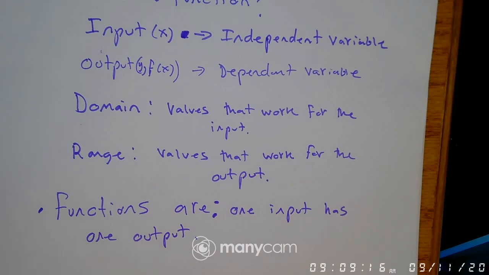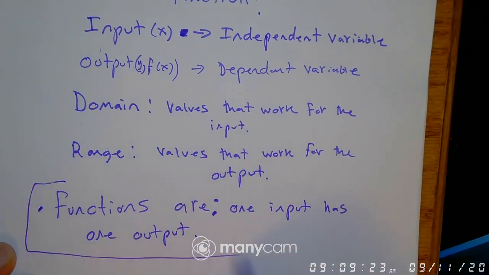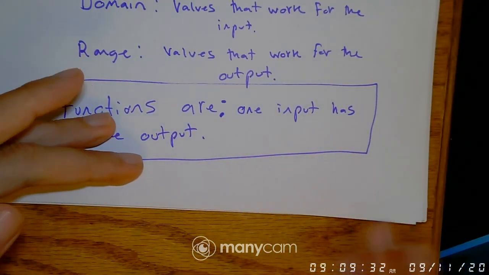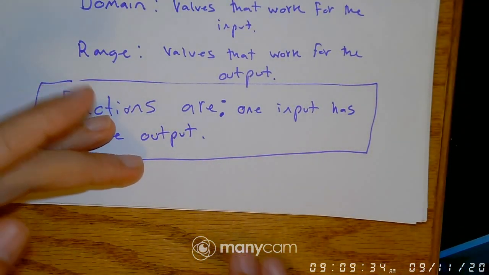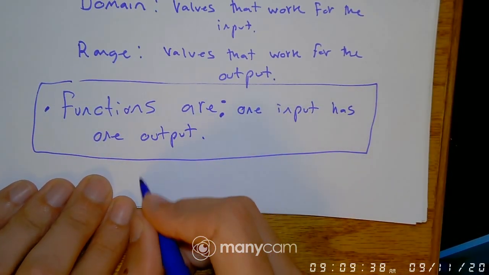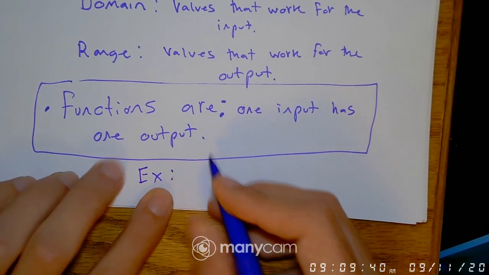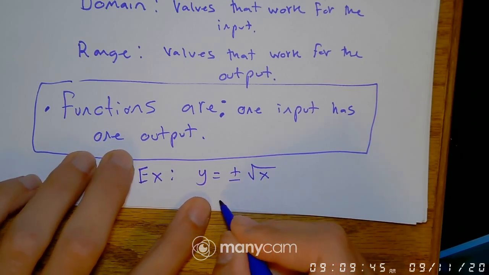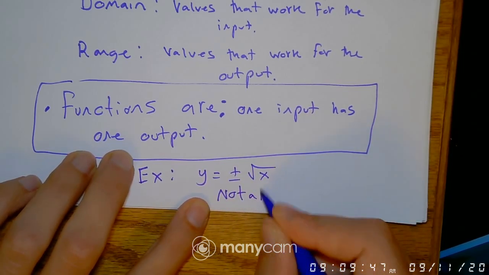All right, evaluating a function. And hey guys, sorry, this one right here, this is really big, right? A function has one input, has one output, right? So an example: if I have y equals plus or minus the square root of x, this is not a function.